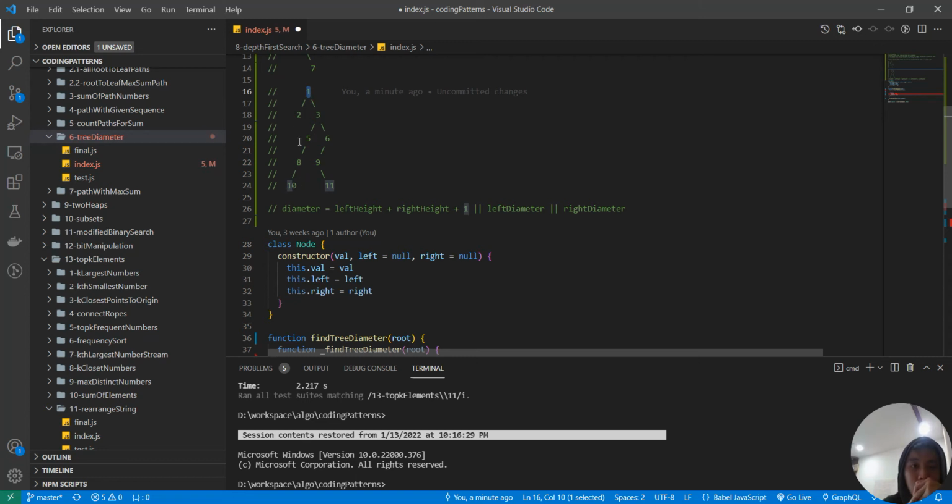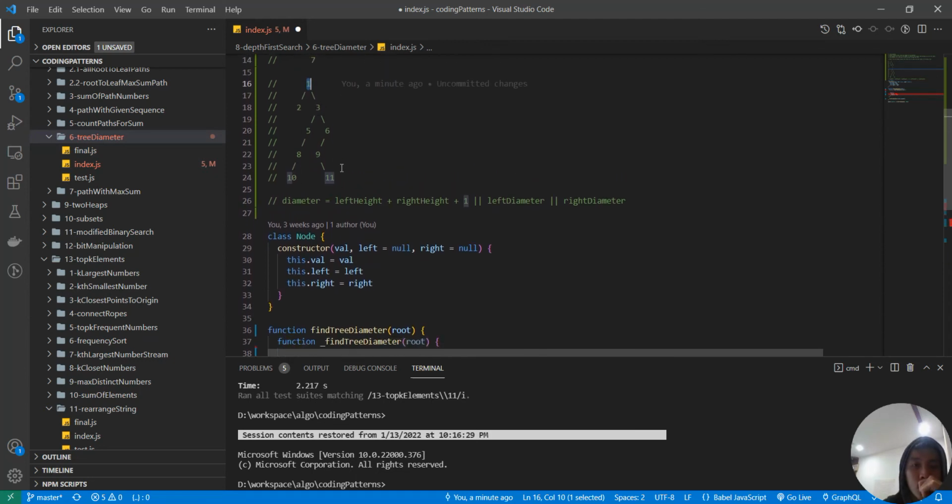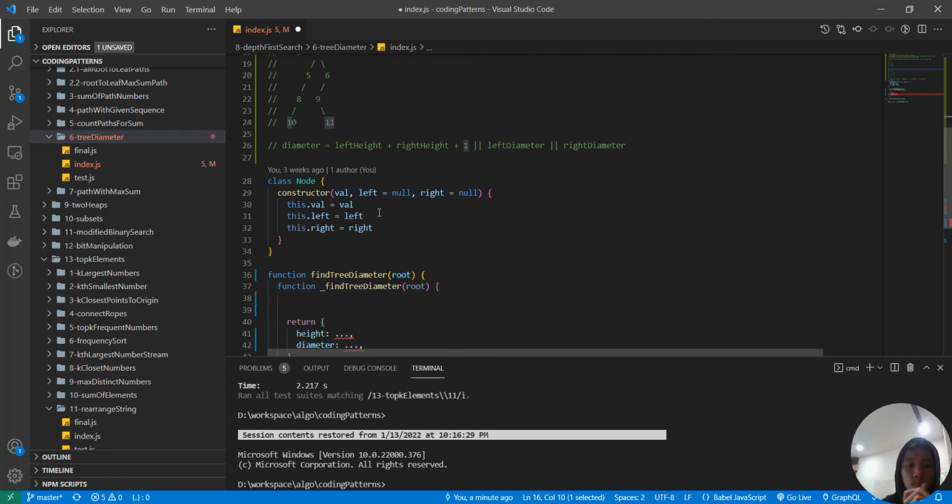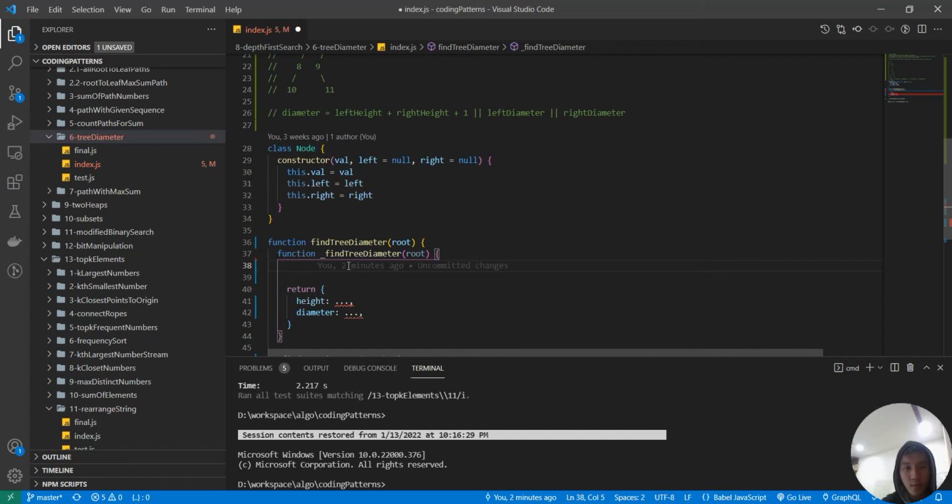For example here, the left is 2 and the right here is 5. So in this case I will take this one as the height.